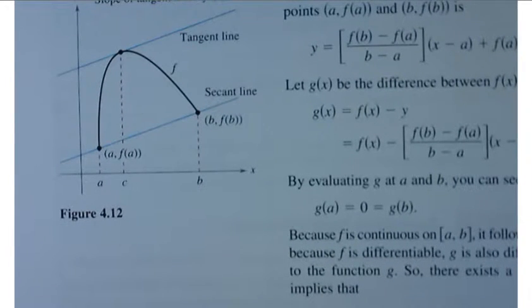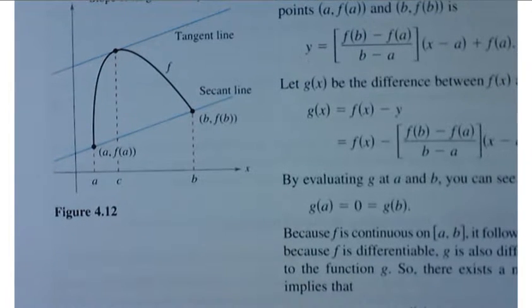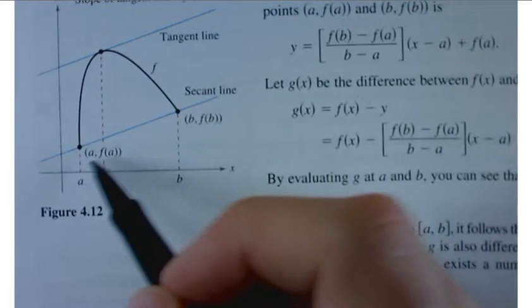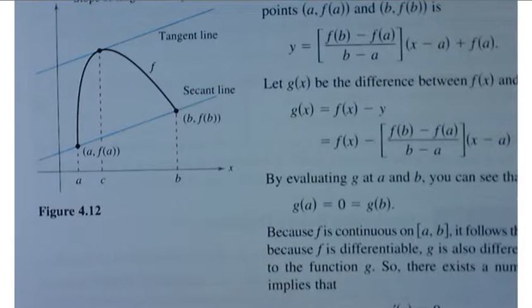You're going to start out with the same kind of assumptions that you have in Rolle's theorem, in as much as you have a continuous function and it's differentiable on the interval a to b. We don't necessarily need to assume anymore that f of a equals f of b. In fact, it's more general if we don't assume that.